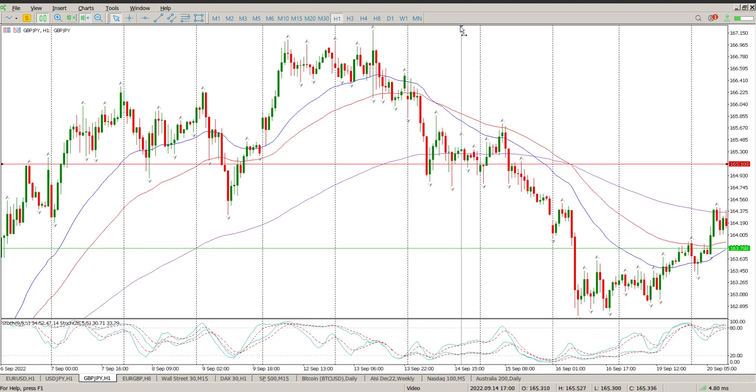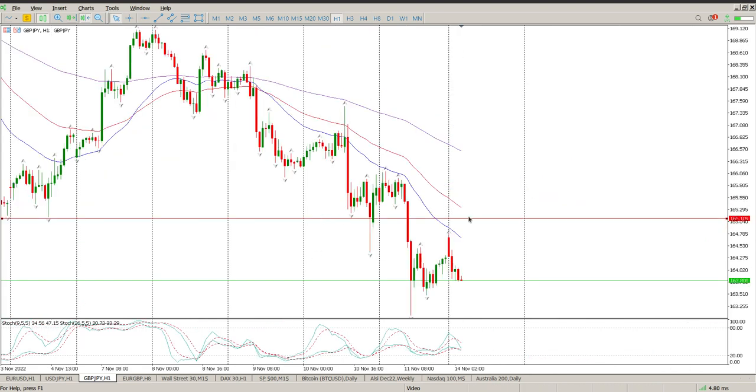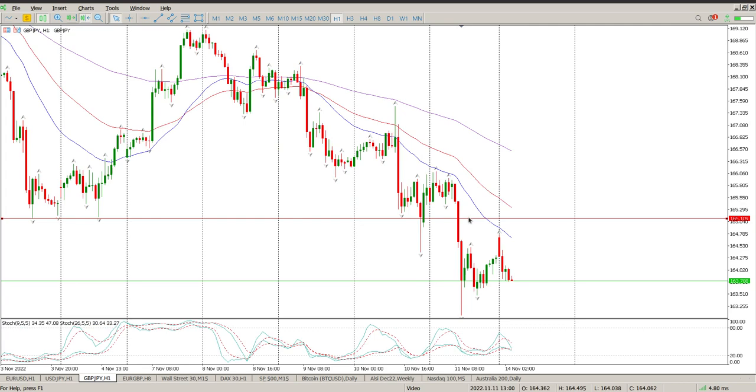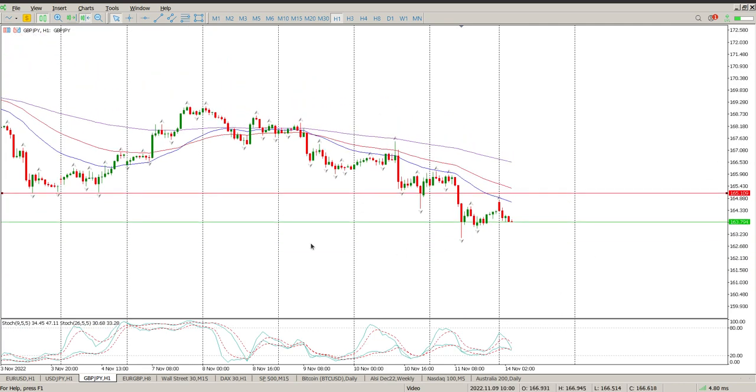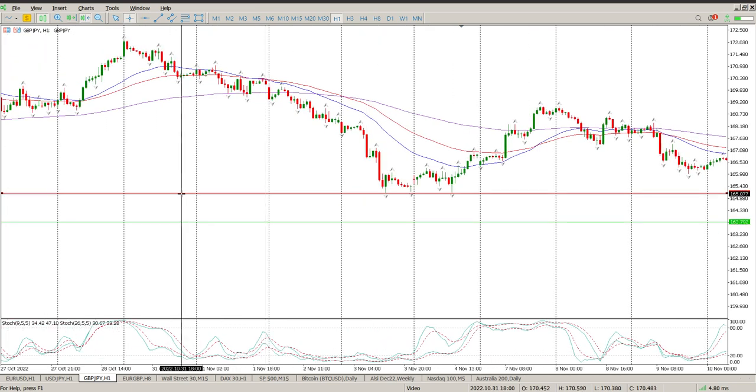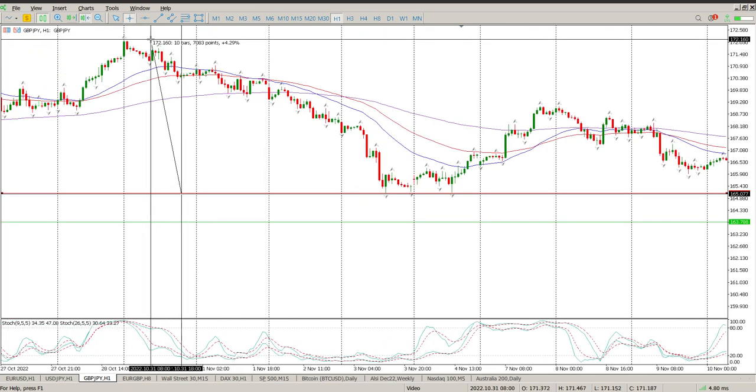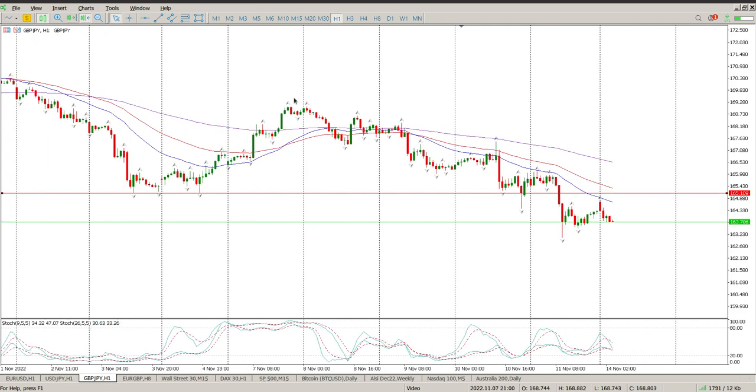Just want to see if we've tested it yet. Nope, we haven't. So I'd want to see price come back up into this area of 165.109, and a decent rejection off there for a short. And this short could be something that you can hold on to for quite a while, because it would be a 7,083 point move to the downside.